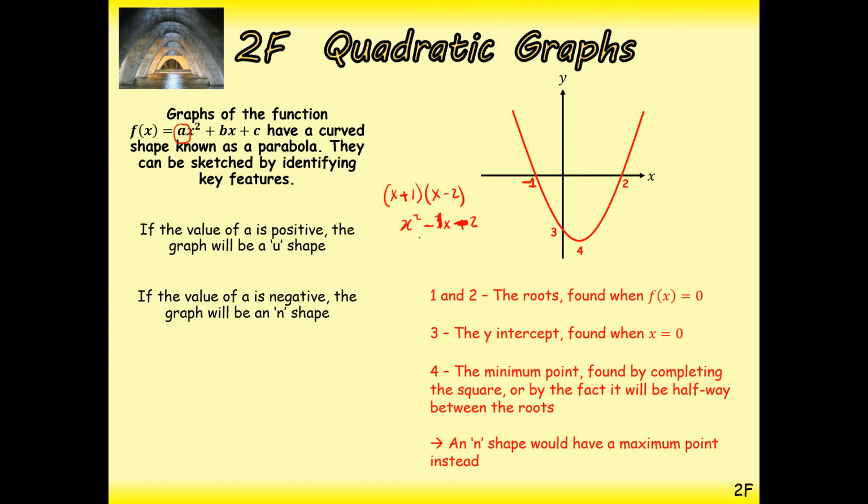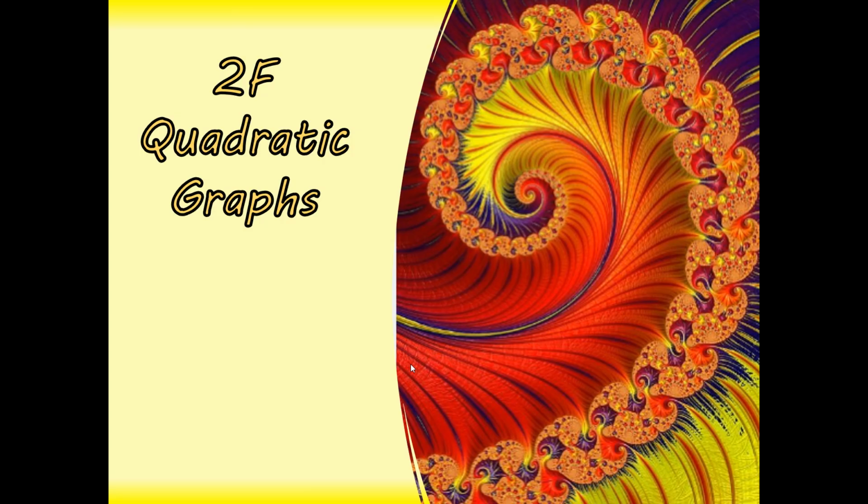So let me rewrite it: x squared minus x minus 2. Alright, so when you substitute a value of 0 into this equation, there's a mistake there.